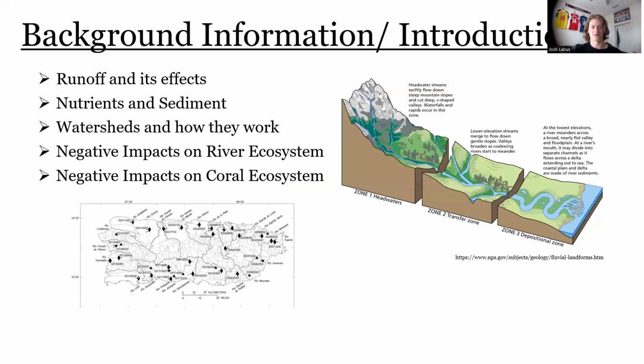And following that, the main point of my study is focusing on how runoff of nutrients and sediment from land can actually affect coral ecosystems. As these nutrients and sediment are inputted into freshwater sources and flow downstream into the ocean, can these actually have an effect on coral ecosystems, which I will get into in the next couple of slides.